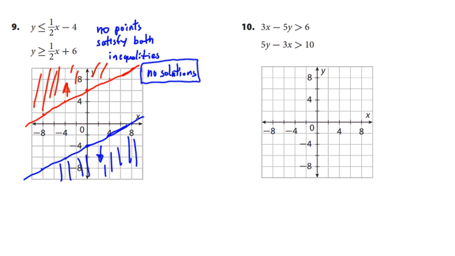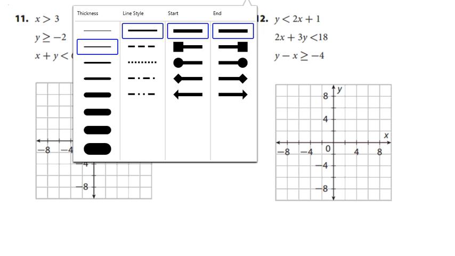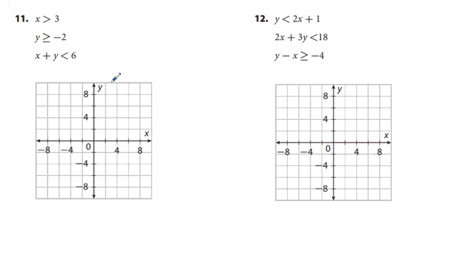Okay. The last one we'll be doing in this set is when we have 3 inequalities. We have x is greater than 3. And what that is, that's an x equals inequality. So I'm going to go get this blue. And we have x equals 3 is right here, so we come like this.